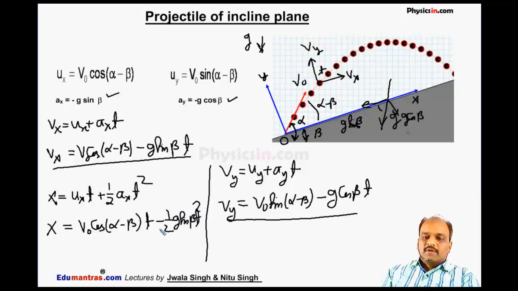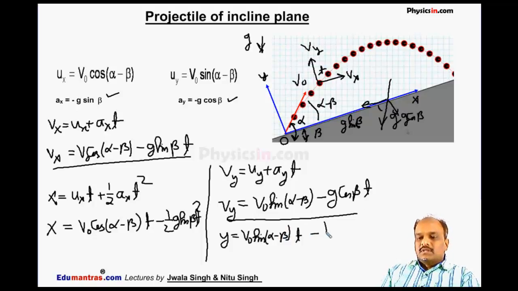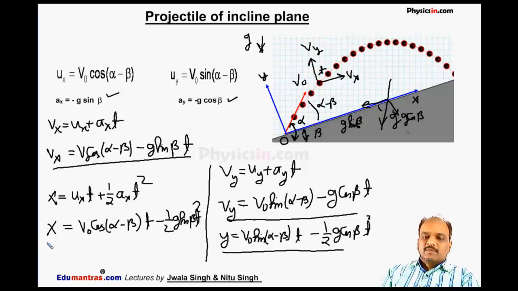So this is our x coordinate as a function of time. In the same way, the y coordinate is Uy, which is v naught sin(alpha minus beta) into t, plus 1/2 Ay, which is minus g cos beta, into t squared. This is the displacement along the y-axis at any time t, and this is the displacement along the x-axis at any time t.